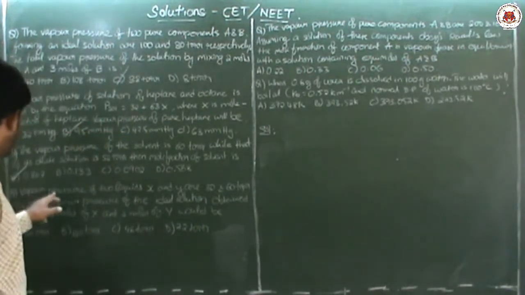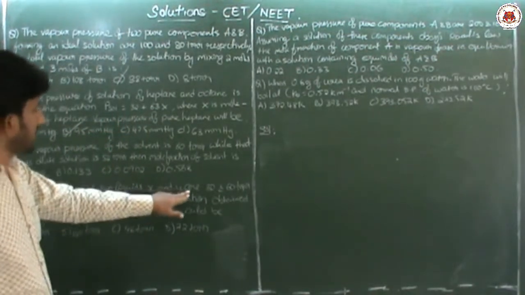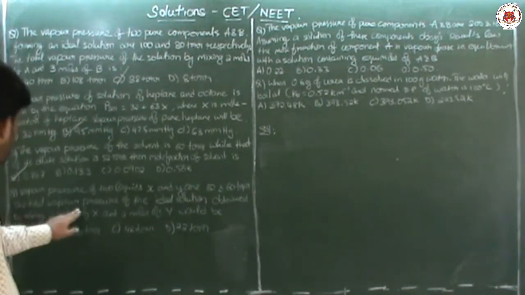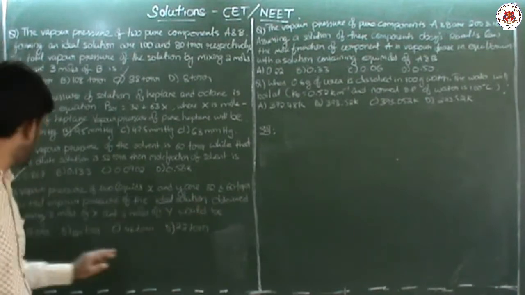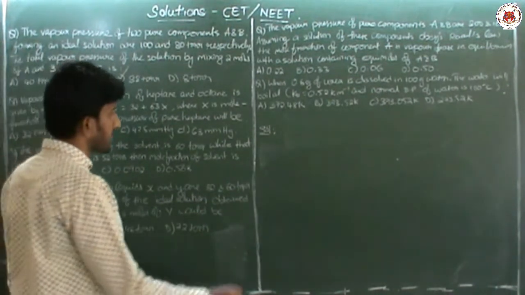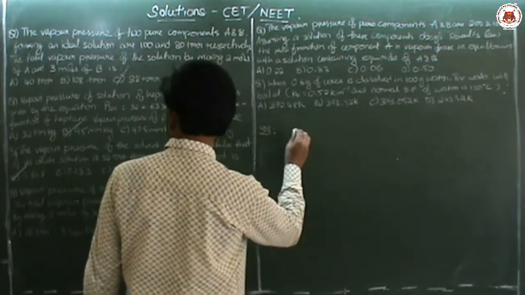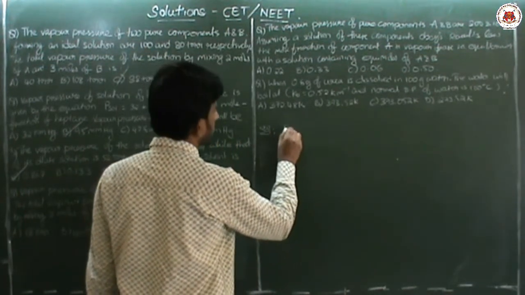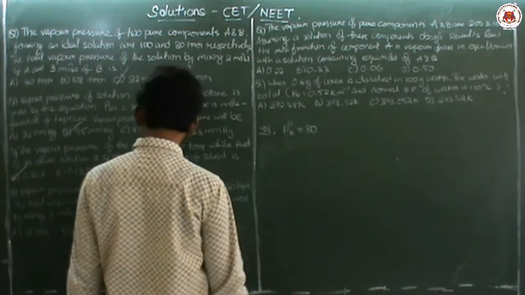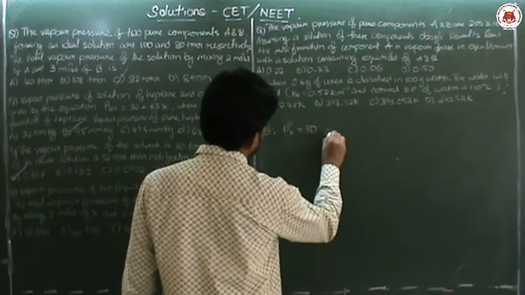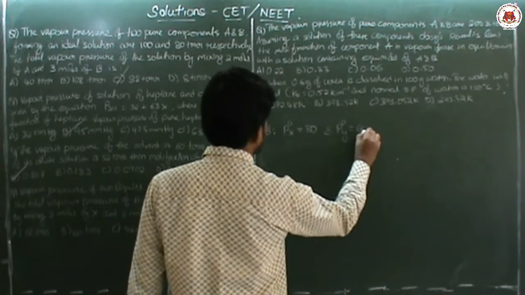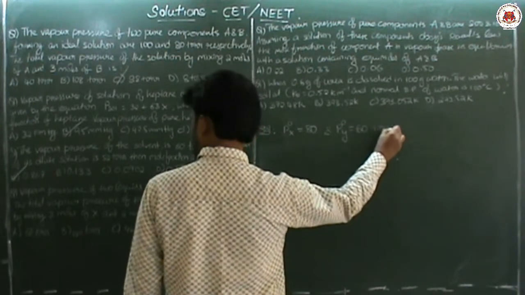Next, the vapor pressures of two liquids X and Y are 80 and 60. The total vapor pressure of the ideal solution obtained by mixing 3 moles of X and 2 moles of Y. First it is given the vapor pressure of the liquids: P naught of liquid X is 80 and P naught of liquid Y is 60 torr respectively.